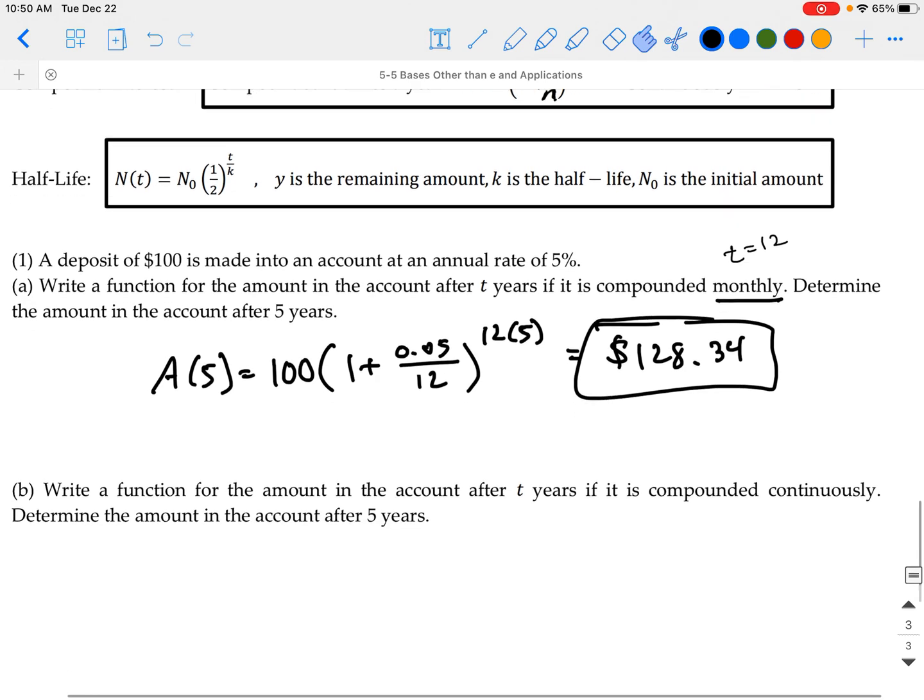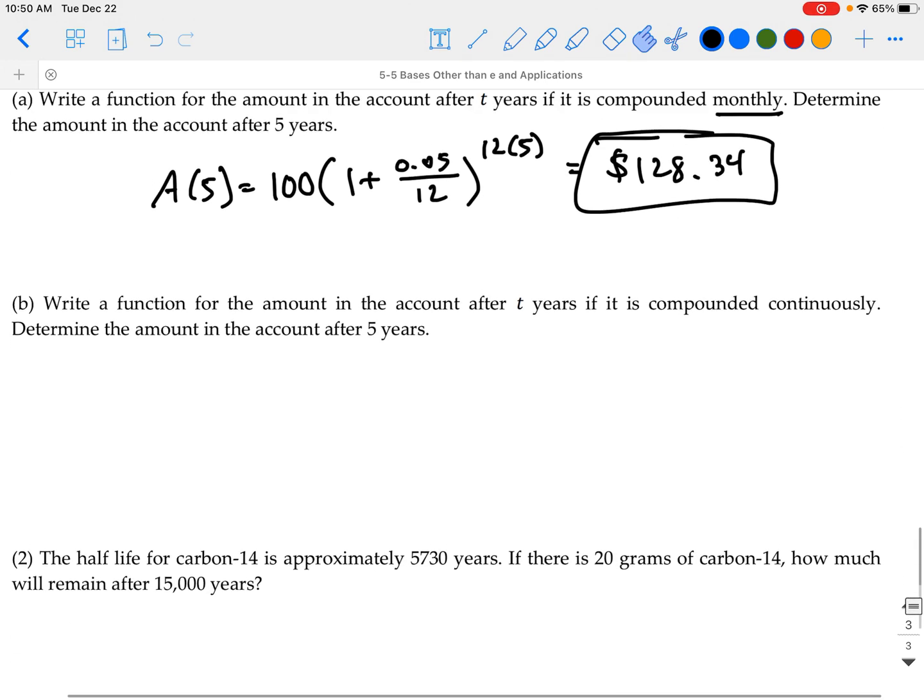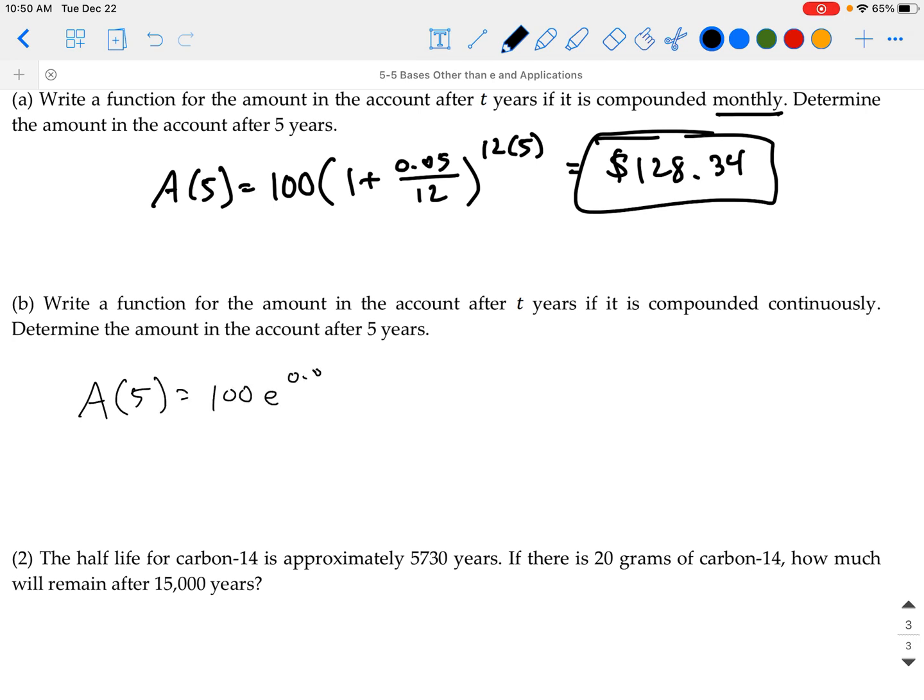All right, and then if we compound it continuously, that's going to be using A equals P e to the rt. So A of 5 in this case is going to be 100 times e to the 0.05 times 5.